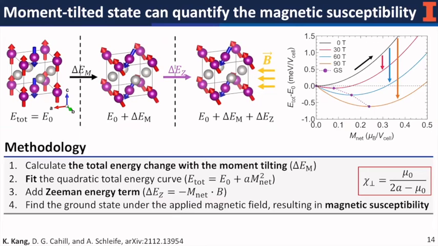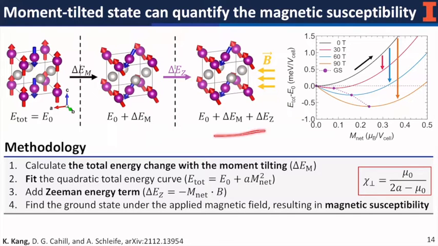And you may see the change of the lowest energy point with the different external magnetic field strengths, which is the global minimum of the quadratic total energy curves. From this, we can know the ground state net magnetization at each field strength, resulting in the magnetic susceptibility.